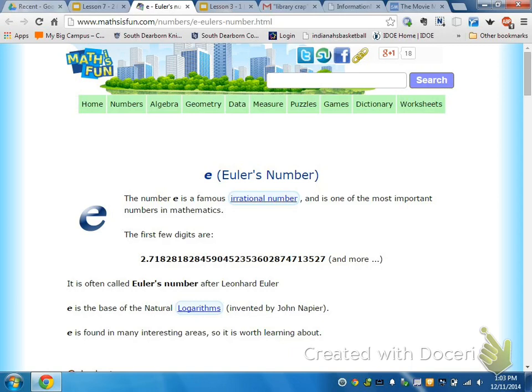You should know that e is approximately 2.718. It is often called Euler's number after Leonhard Euler. It is the base of natural logarithms, which we will talk about next week. But you need to know today that it's this.